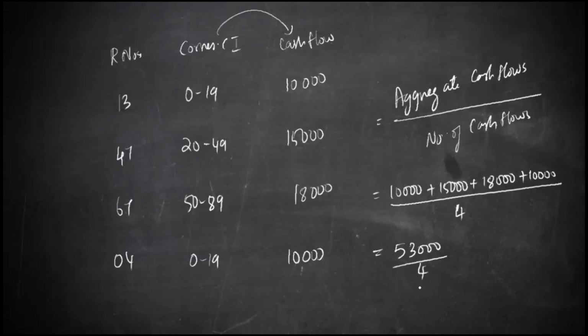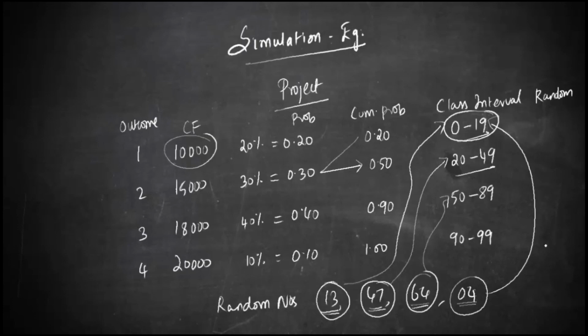Let me check that. It works out to 13,250. So now this is a possible cash flow because you had come across a scenario where you had 4 different cash flows, and they had varying probabilities.